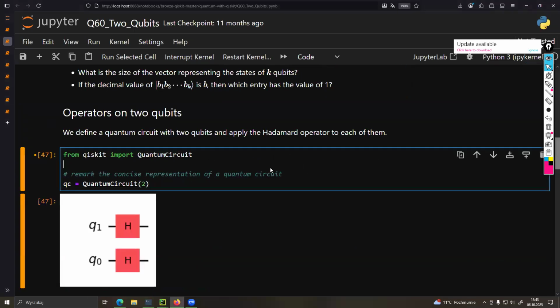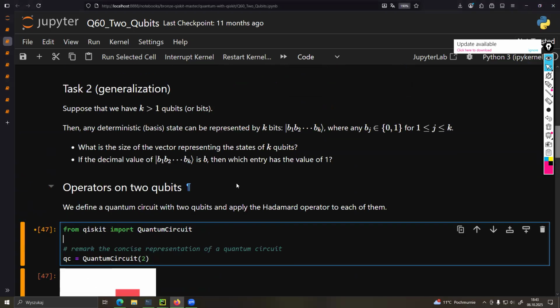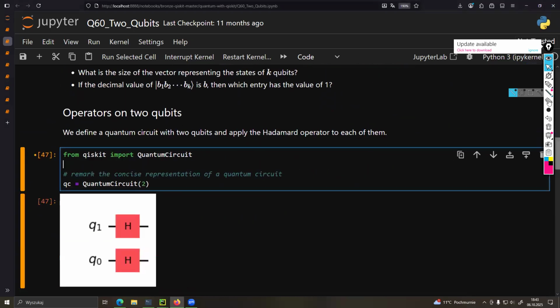Now, what are the operators on these qubits? Recall what we had also with classical bits, right? If we want to represent many operations on the classical bits, we had to apply the identity matrix on the classical bit that we want to preserve, and apply some matrix on the bit that we want to actually change.